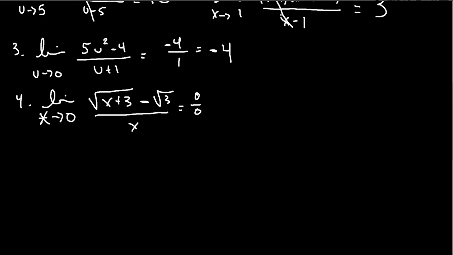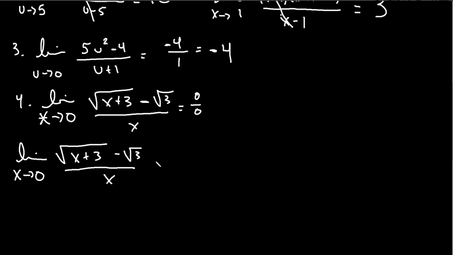So we do something known as conjugate multiplication. I'll multiply our expression by the conjugate of the numerator. So it becomes root of x plus 3 plus root 3, reversing the sign of the second term, and we multiply the same thing on the denominator.